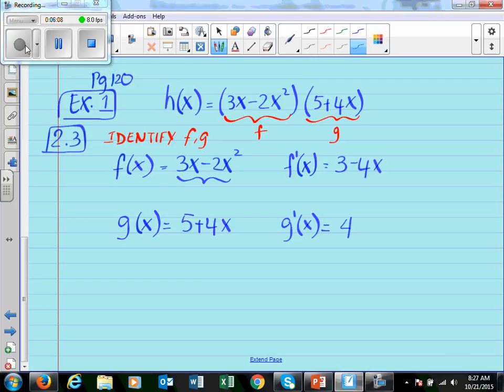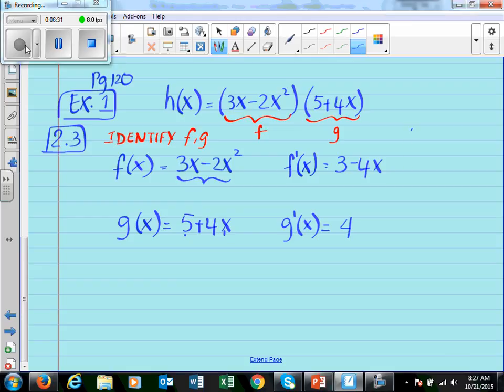Because the derivative of 5 is 0, 4 is a coefficient that remains, and the derivative of x is 1. You're just finding the derivative of each part. Are you following?